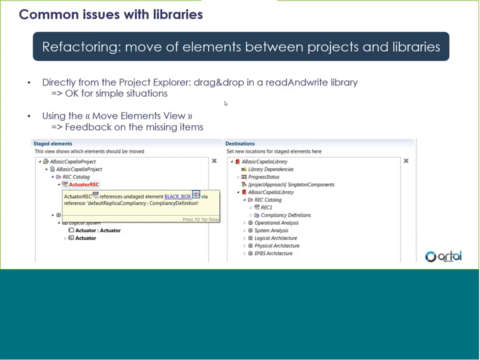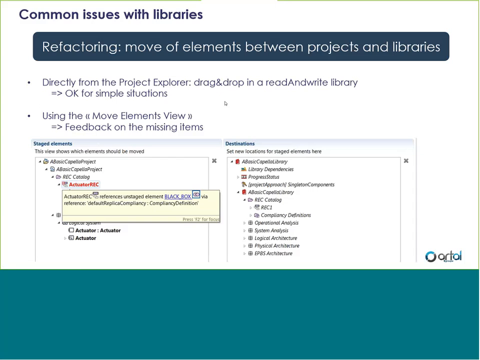So a typical use case is that you start designing your model in a project, and then after some time, or maybe even at the end, you realize that some elements could have been published in a library so that they could be reused by other projects. And so for this move from the project to the library, there are two options.